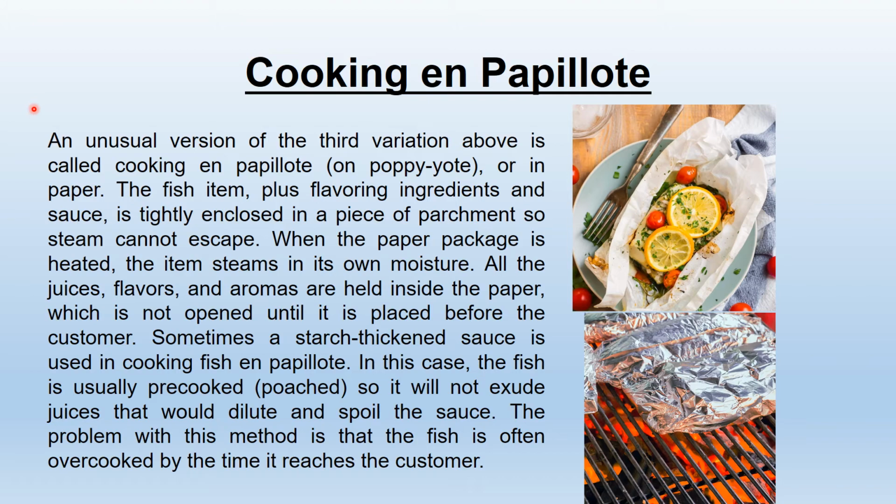In this case, the fish is usually pre-cooked, meaning poached, so it will not exude juices that will dilute and spoil the sauce. The problem, like always, with this method is that the fish is often overcooked by the time it reaches the customers.